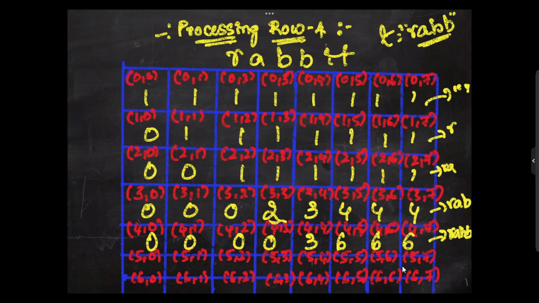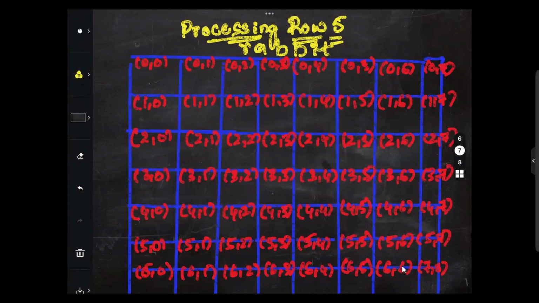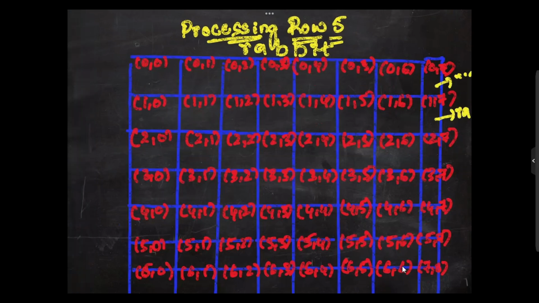So next, let's process row 5, right? So this will be row 5. In this case, this will be empty string, this will be RA, this will be RAB, this will be... so just give me a second, did I get confused here?